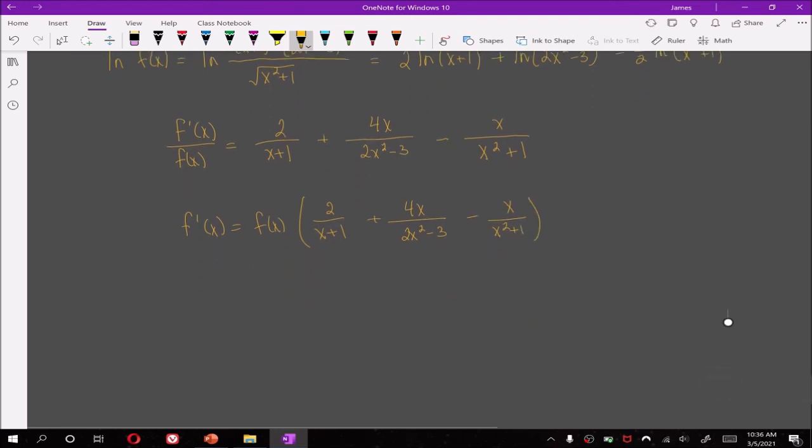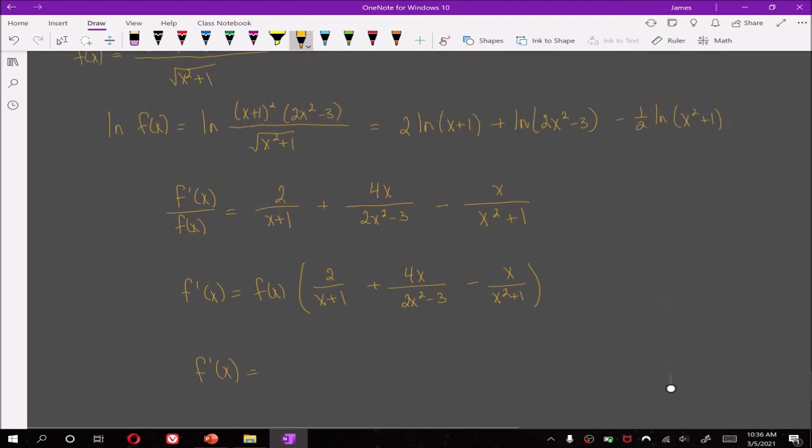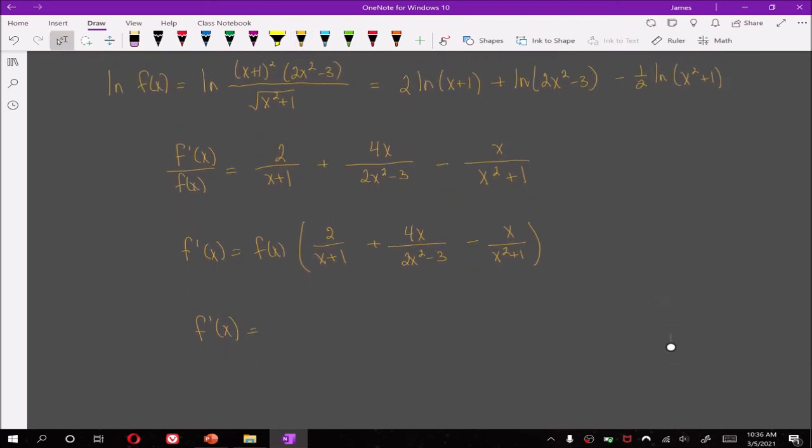Just replace f of x with what we originally said the function was, which is x plus 1 squared times 2x squared minus 3 all over the square root of x squared plus 1, and let's just leave it in that form.